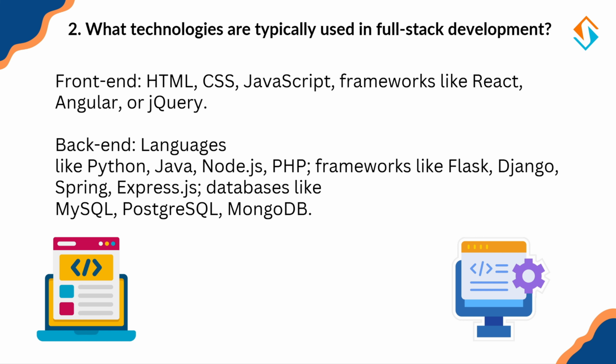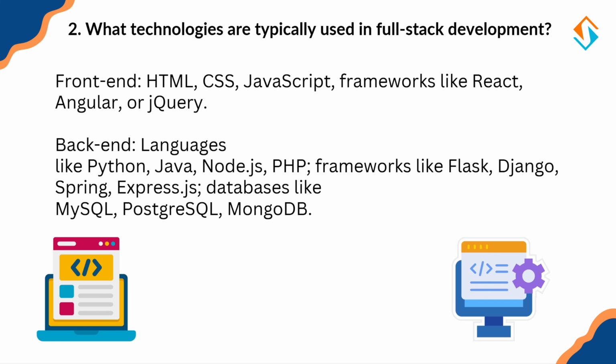What technologies are typically used in full stack development? To become a full stack developer, you need to know technologies for both the front end and back end. So, in front end, HTML, CSS, JavaScript, and frameworks like React, Angular, or jQuery.